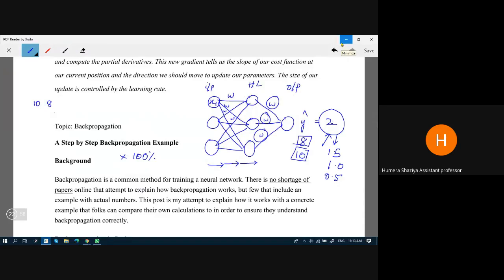So try to understand here the gist of back propagation. Back means you are going in this reverse direction, and propagation means propagating something on all the paths. This is your back propagation algorithm.